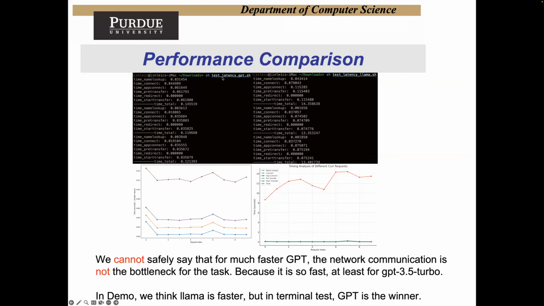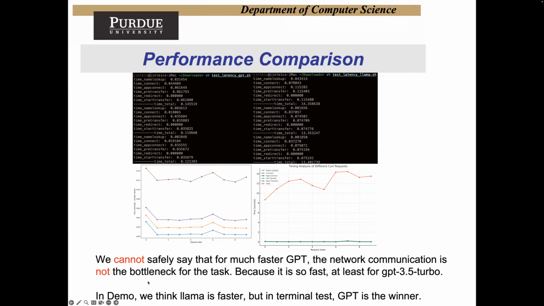But as for the Llama server, the total time is like tens of seconds. I tested both servers with 10 identical questions. We can see here that the total time and the network processing time are at least at the same order, about hundreds or tens of microseconds. But on the Llama side, you can see that the response is much slower. It took tens of seconds, while the network only takes tens of microseconds. So that's a huge difference.